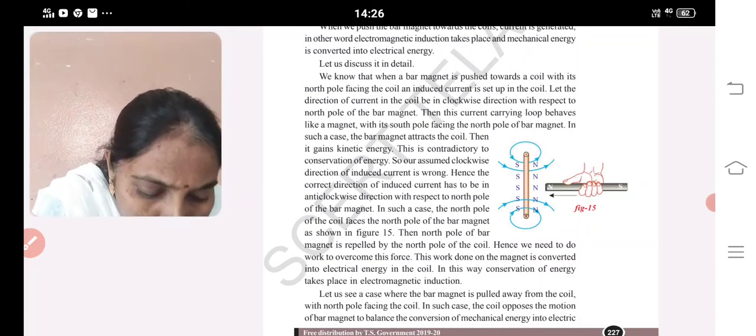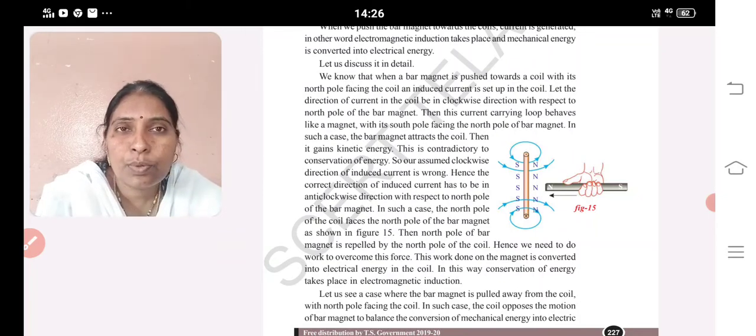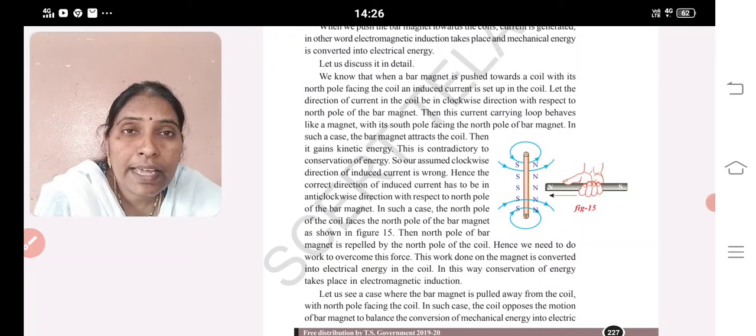So when there is a change in magnetic flux, induced current is produced. This is known as Faraday's law. And what will be the direction of that current? From this simple figure you can understand that when the flux is in a forward direction, the current direction will be backward, opposite to the magnetic flux.